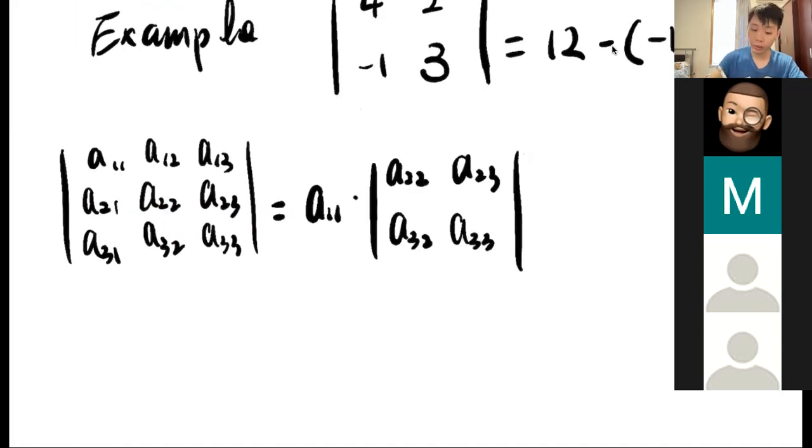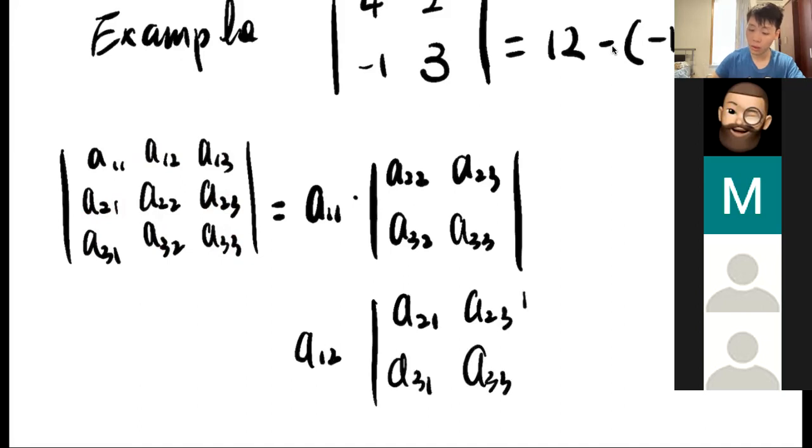And then next you move on to A12. You do the same thing. You delete the row and column associated with A12, and then you have A21, A23, A31, A33 left. So A12 times the determinant of A21, A23, A31, A33.